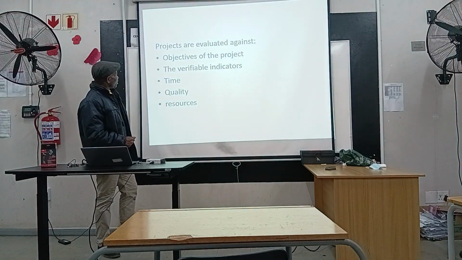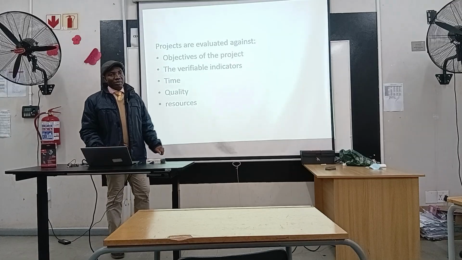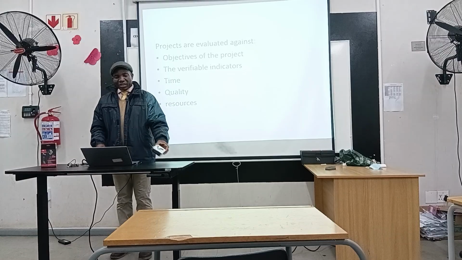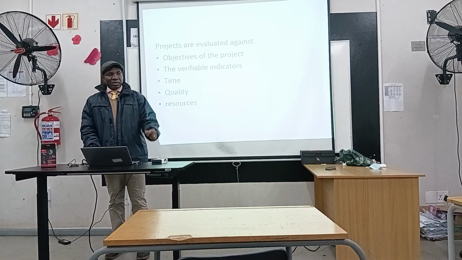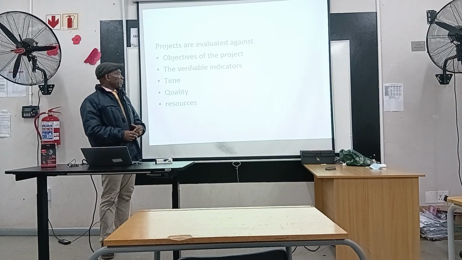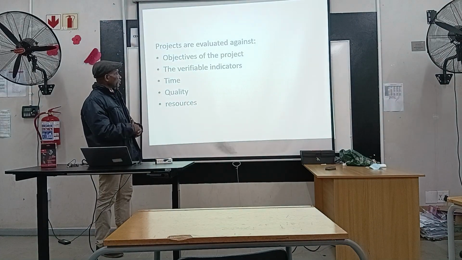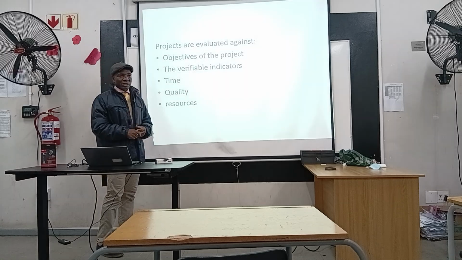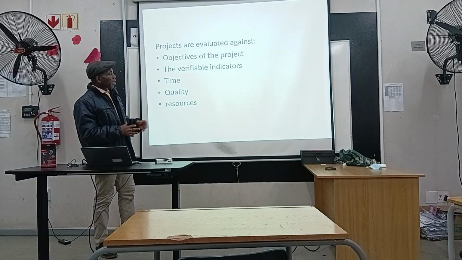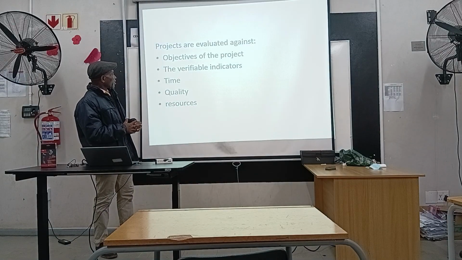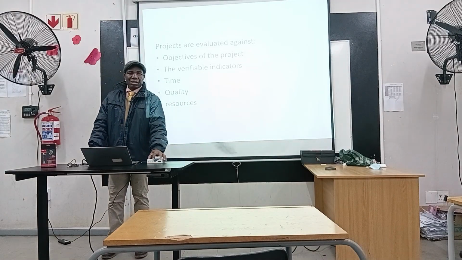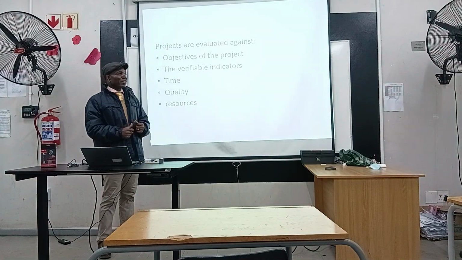Then you need to look at the time frame because a project, as you know, has its own deadline, its own time frame. So you should be able to see whether the project was executed or is being executed on time, or is on schedule. You need to see if the progress of the project is going as per the schedule.